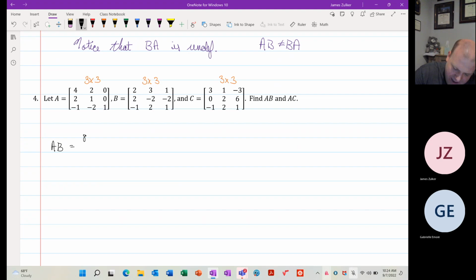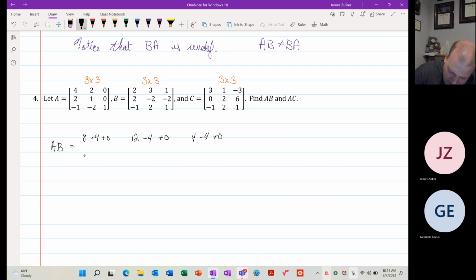So A times B, we're going to get 8 plus 4 plus 0. Then we'll get 12 minus 4 plus 0. 4 minus 4 plus 0, right? So that takes care of row 1.